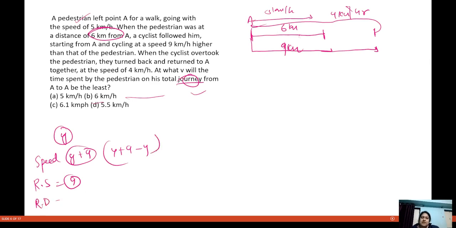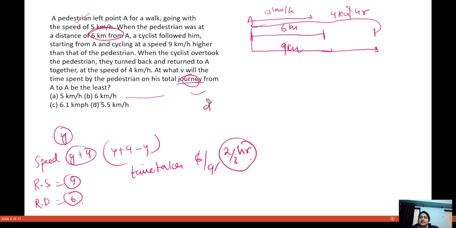What is the relative distance? 6 kilometer, because this is 6 kilometer ahead. The relative speed is 9 kilometer per hour. So time taken is equals to how much? 6 by 9, that is 2 by 3 hour.